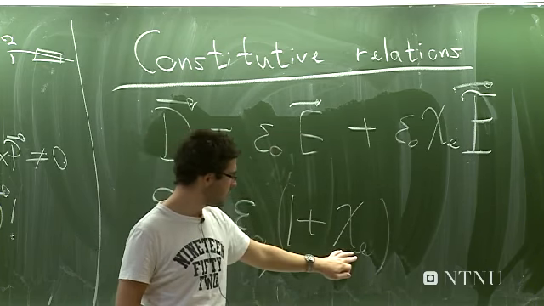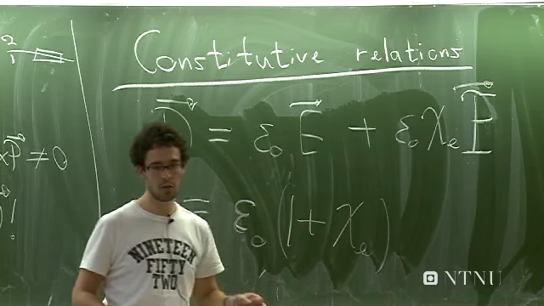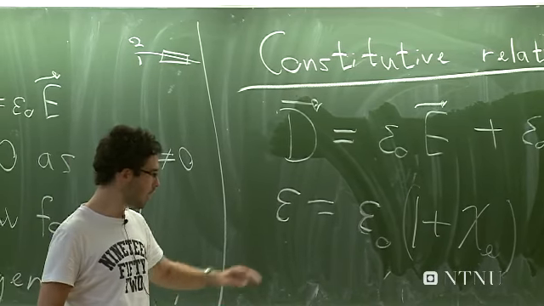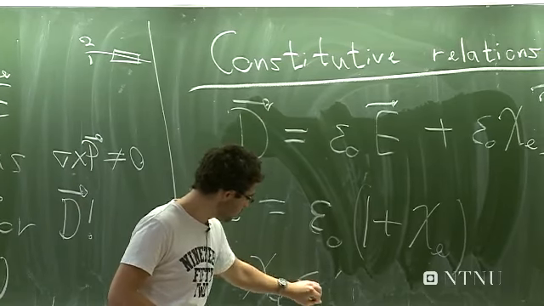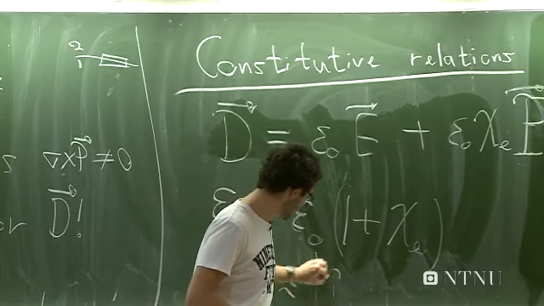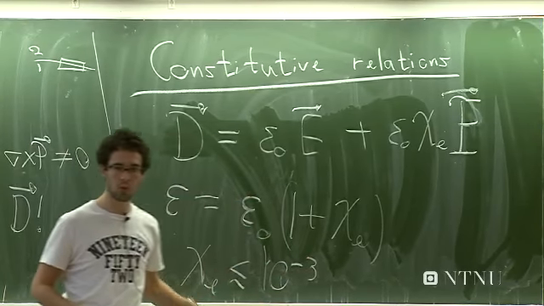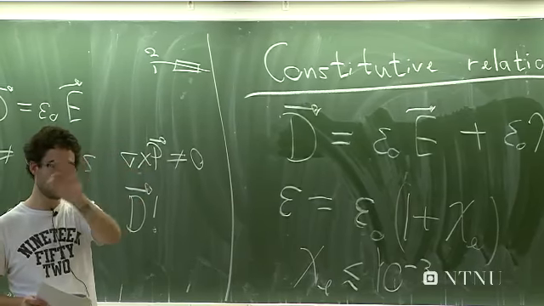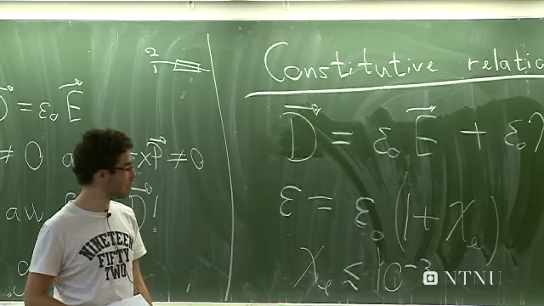And by the way, the reason to use this chi E is if chi E is much smaller than 1, let's say, for example, for a gas, chi E can be less than 10 to the minus 3. So it's quite small. So giving this number as 1 plus chi E would be 1.000 something. So it's more convenient to just give the chi directly for those materials.